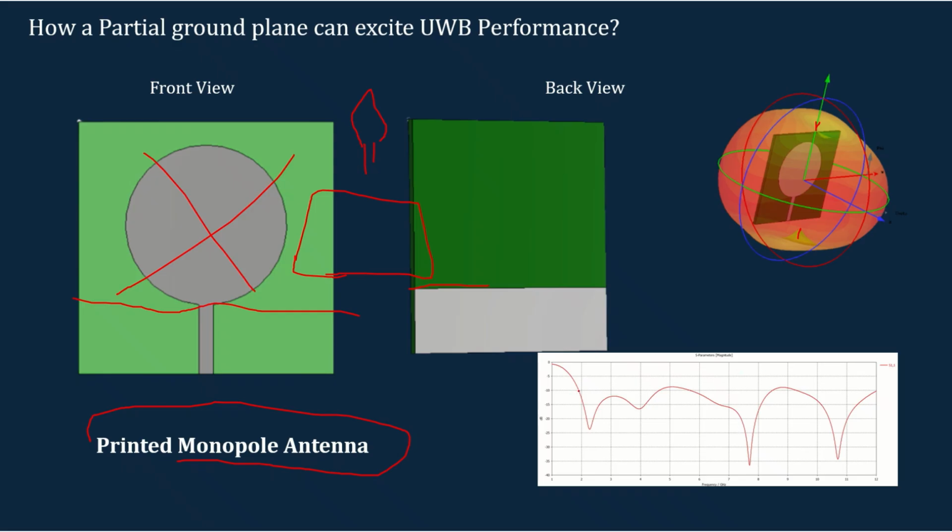The S parameter has good performance from 2 to more than 12 gigahertz. So it is giving us an ultra wideband response. Let's see why this partial ground plane is giving us this ultra wideband response using the simulation. So let's go for the simulation.